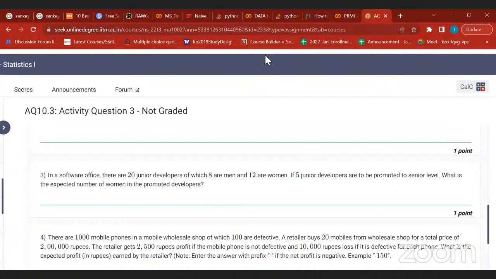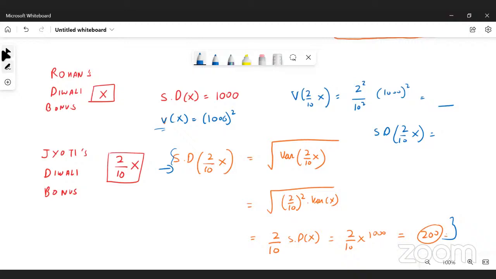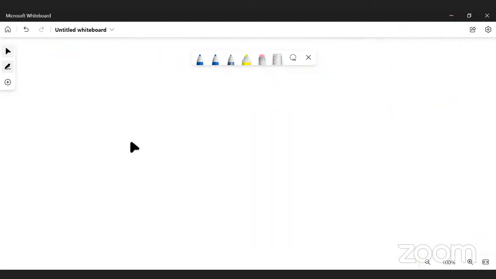Okay, I will just give you a hint on it, so you can just go through it and try again. For this, the random variable would be the number of women, like 0, 1, 2, 3, 4, 5, and then finding the respective probabilities and then finding the expected value of X. So there are 20 employees, of which 8 are male and 12 are female.